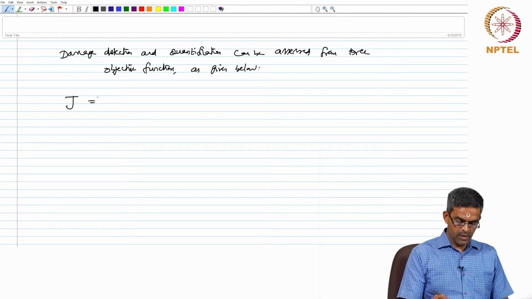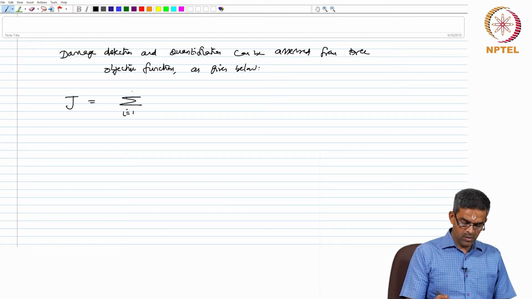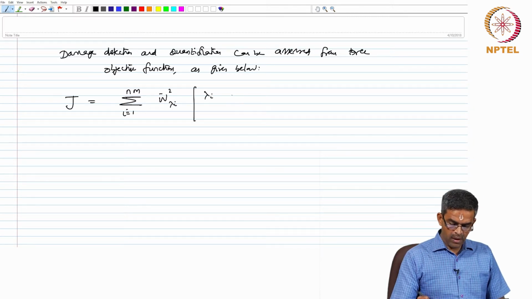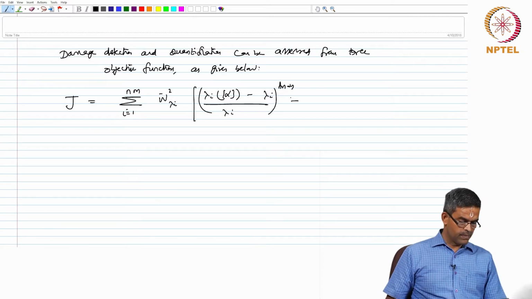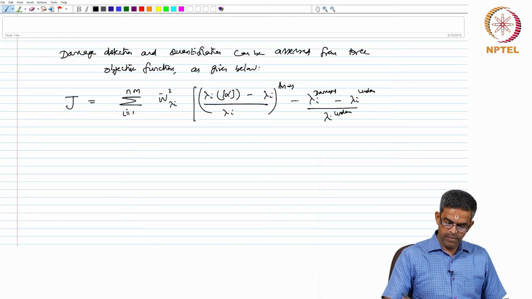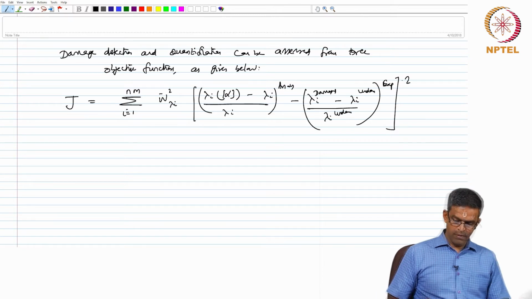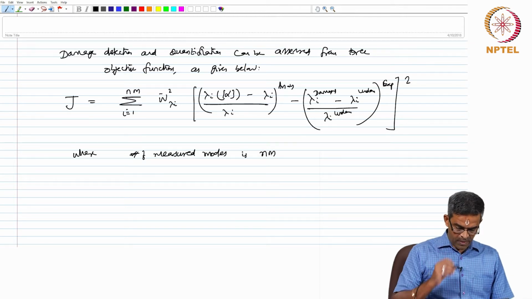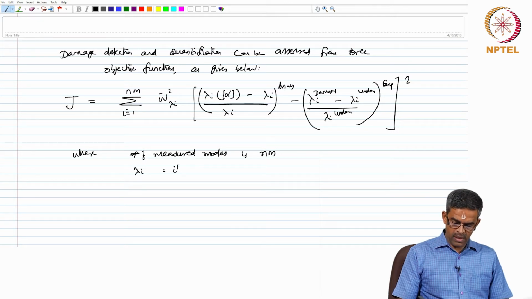J is equal to the sum of i equals 1 to nm, W square, of lambda i of alpha minus lambda i analytical, minus lambda i damaged minus lambda i undamaged by lambda i undamaged, which is obtained experimentally, the whole square, where the number of measured modes in the analysis is indicated as nm. Lambda i is the ith eigenvalue.